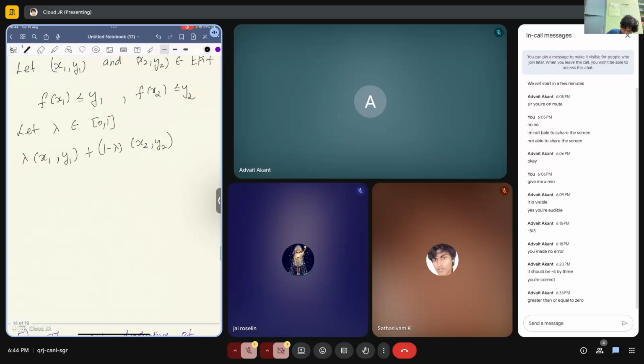Let's first simplify this. It is lambda times x1 plus 1 minus lambda times x2, and lambda times y1 plus 1 minus lambda times y2. Now I want to claim that this belongs to my epigraph.